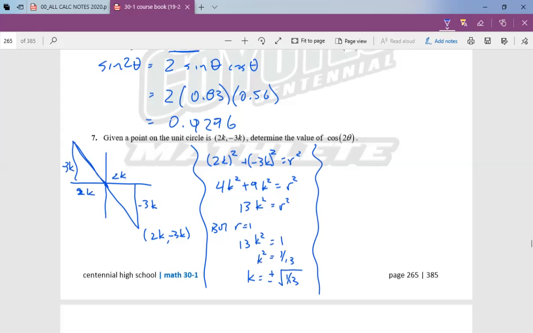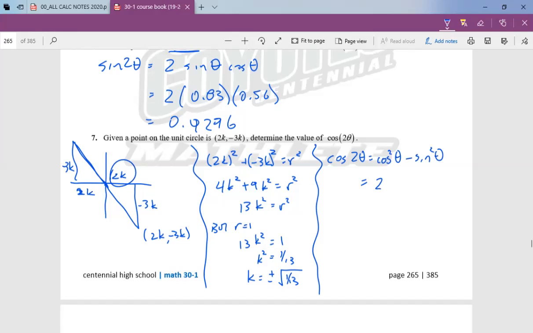All right. Last part of this is now cosine of 2 theta. Again, we could use really any of these. Cosine 2 theta is going to be equal to cos squared theta minus sine squared theta. Because it's on the unit circle, cos theta is just the x, it's just 2k.